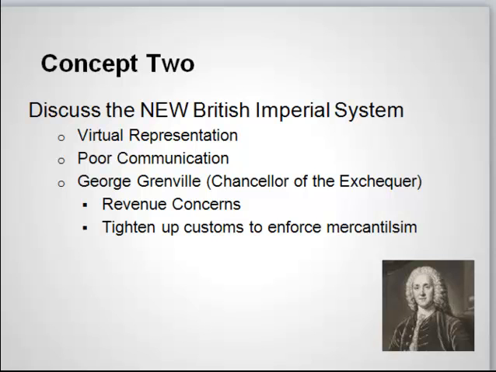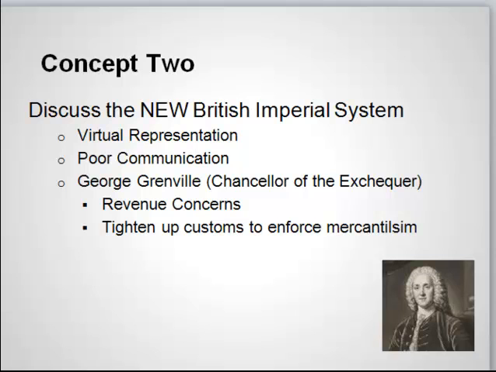Grenville discovered that the American Customs Service was costing the English government nearly £8,000 a year in salaries, but was collecting less than £2,000 in duties. Consequently, the English government was losing money on the colonies, even though English businessmen were not.